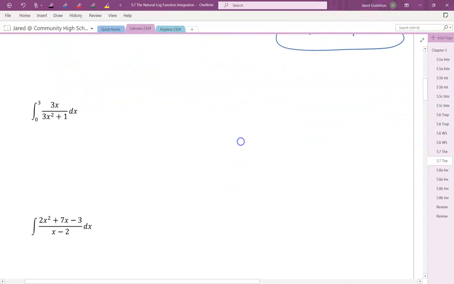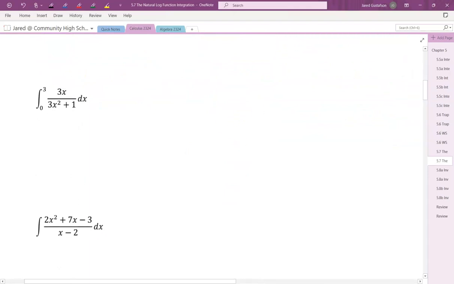Similarly for the next one, I see something squared in the denominator and a linear term up top. It's making me think u substitution might be our friend again. If I call u 3x squared plus 1, taking the derivative, we get du is 6x dx.